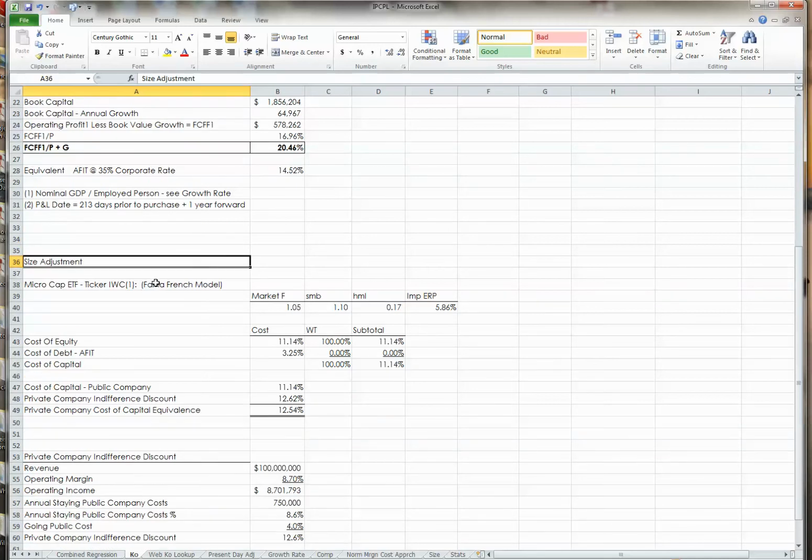So what we did is we took the microcap ETF, IWC is the ticker, and with that ETF we ran it on the Fama-French model. We made a slight adjustment because the IWC's median revenue is around 230 million.